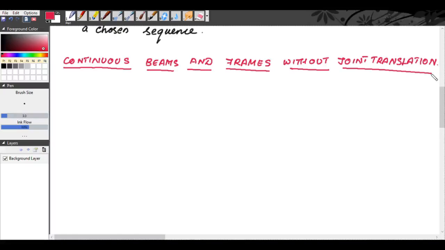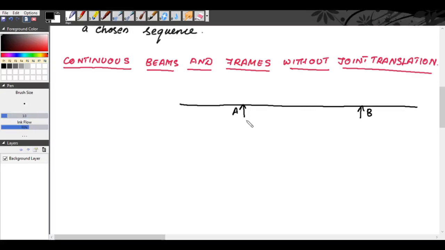So for this, we will consider a continuous beam. Let us take the span AB. See, AB is a part of a continuous beam.